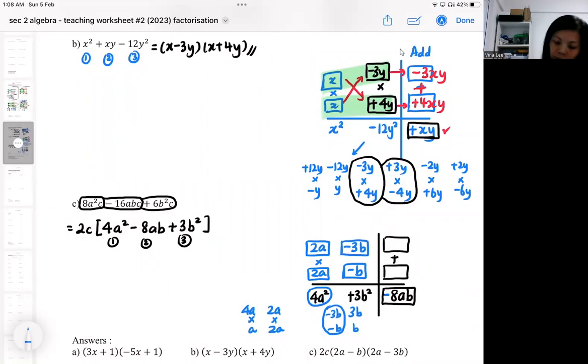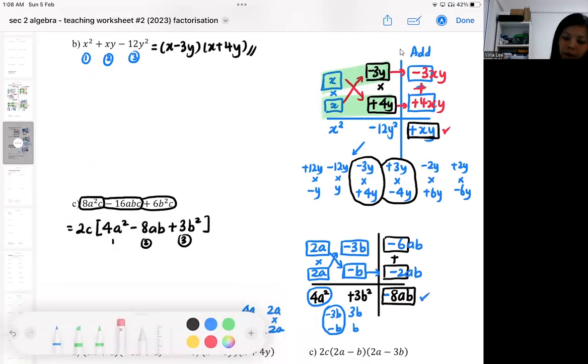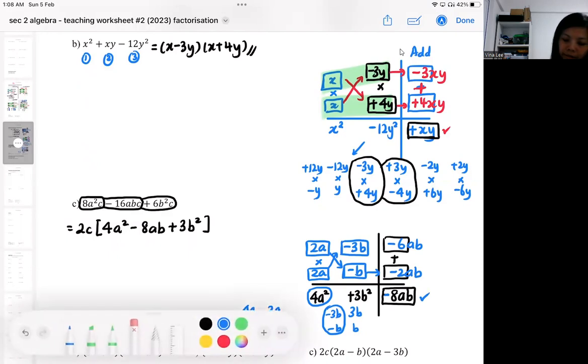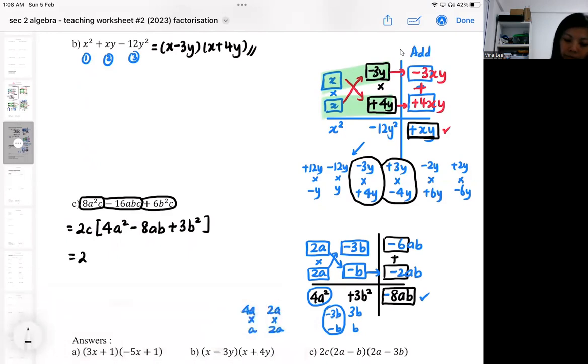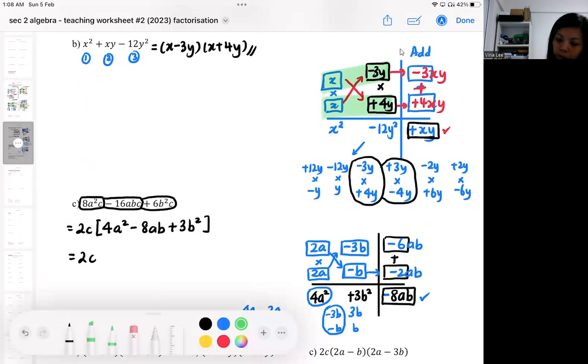Okay, and I'm going to see whether that works. So here will give me a minus 2ab. Here will give me a minus 6ab. And when you add them up, you get the minus 8ab. So where are my two brackets? So these are my two brackets.